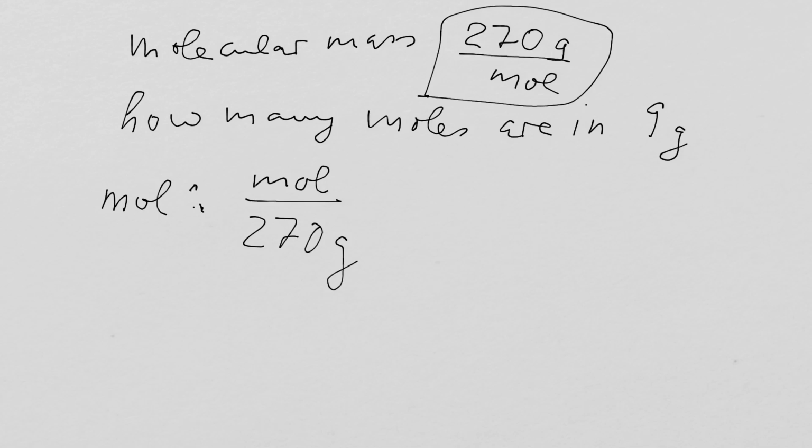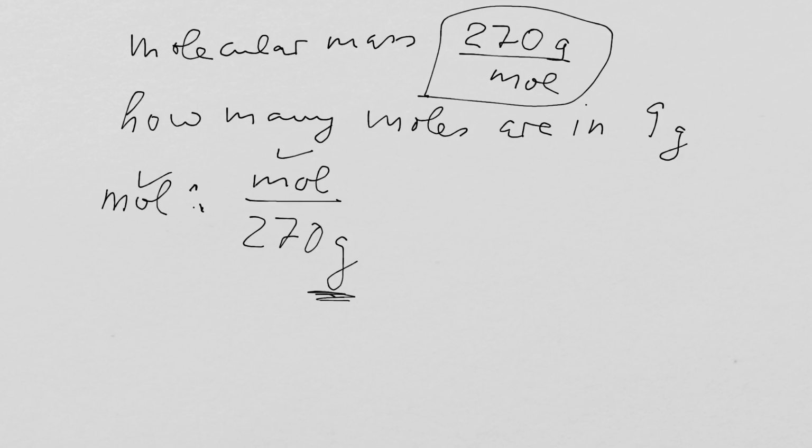So we are all right with our unit. We have the mole here. That's good, in the right position. But we have the pesky grams. So we need to try and get rid of these grams. And the way we do that is we arrange it so that the grams cancel out. Do we have any grams to cancel?